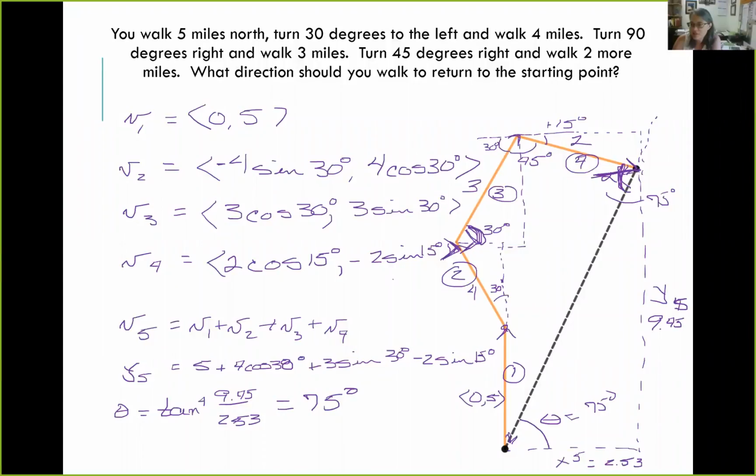This angle here, remember, is the same as that one, so that's 15 degrees. So that means we need to turn 15 plus 75, 90. So we need to turn 90 degrees to the, I'm facing this way, left.